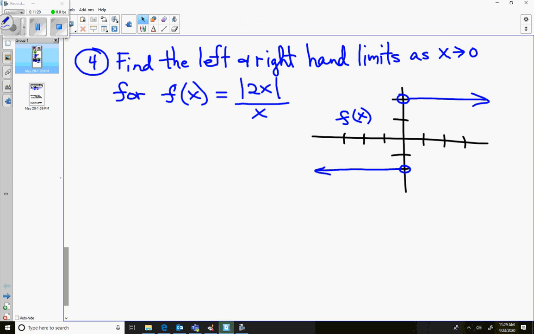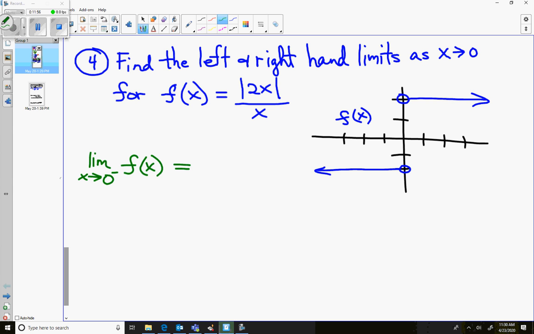So with that in mind, find the left and right hand limits. So the limit as x goes to 0 with a superscript of a minus of our function. You have to put the function there. Kind of like there's no such thing as sine without an angle, there's no such thing as limit without a function.